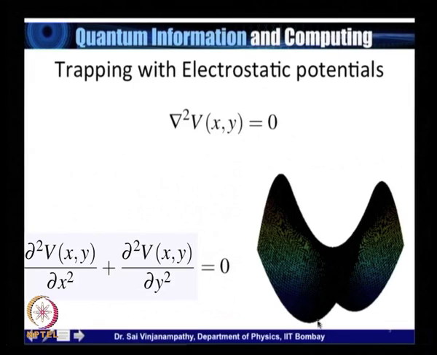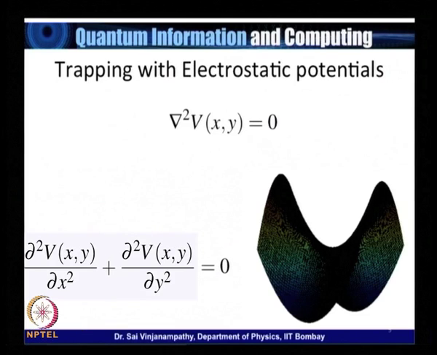But with respect to this direction, it's on top of a hill. And if I perturb the marble a little bit towards this direction or the opposite direction going down, it would just roll away. And so this requirement that del squared V equals 0 basically translates to the fact that there are no stable trapping potentials electrostatics offers to us. So what is the solution around it?